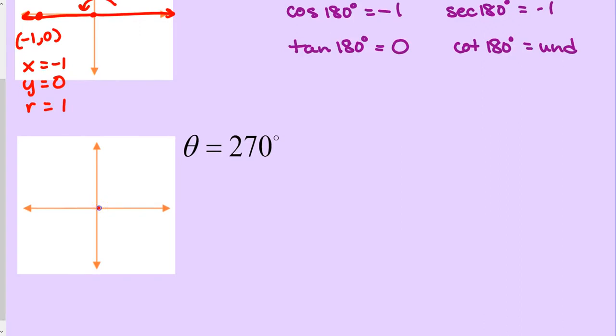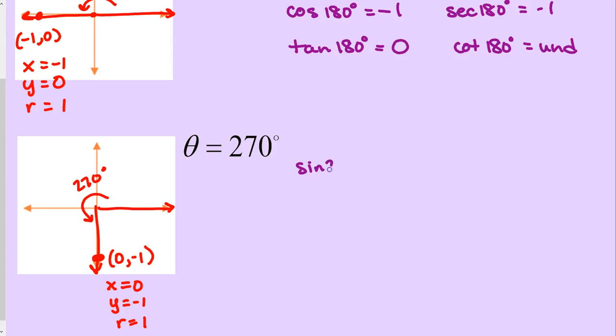270 degrees. So here's the initial side, here's the terminal side, 270. Let's find a point on the terminal side. Let's use the point 0, -1. So x is 0, y is -1, and r is 1. So the sine of 270 degrees is y over r.